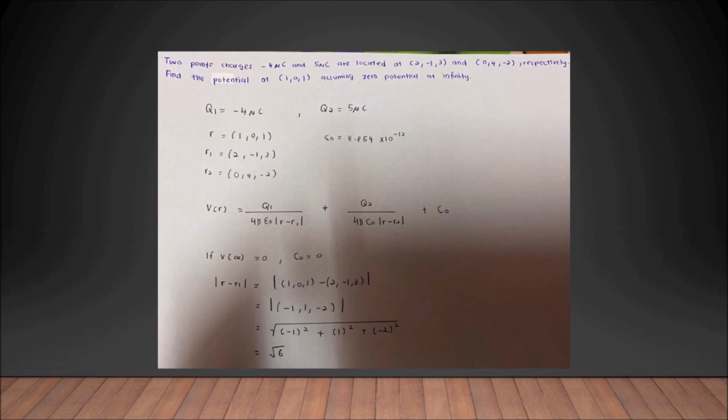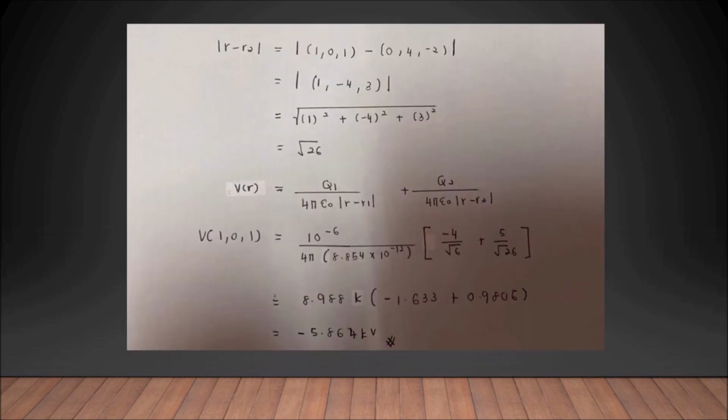The formula of potential V of R is equal to charge 1 divided by 4 pi epsilon naught magnitude R minus R1, plus charge 2 divided by 4 pi epsilon naught magnitude R minus R2, plus constant C naught. If potential equals 0 at infinity and constant C naught equals 0, we need to find the magnitude of R minus R1 first. (1, 0, 1) minus (2, -1, 3), and the answer is square root 6.